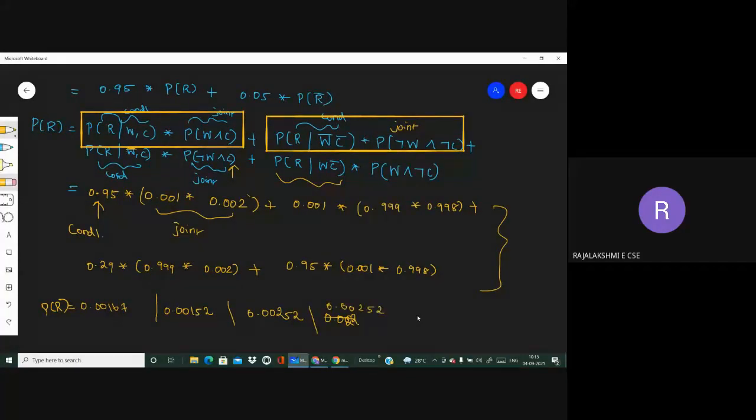Okay, so one more person got 0.00252. Anybody else? Got any other different answer? Same number but different answers. Okay, my answer is 0.00252.